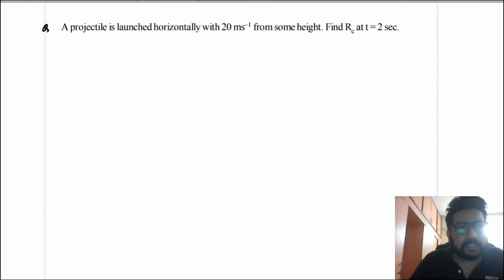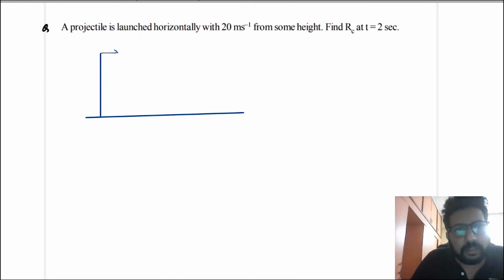Let us take this example where a projectile is launched horizontally with a speed 20 meter per second from some height. So this is the height, and the projectile is launched with a speed of 20 meter per second from some height.